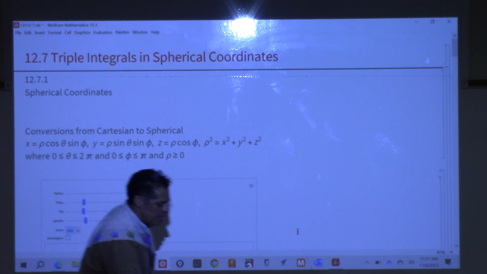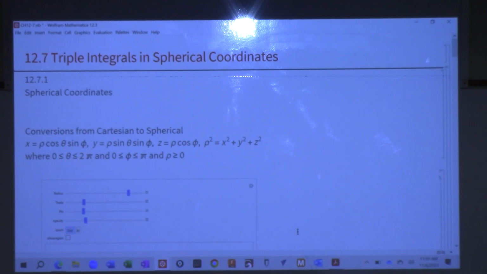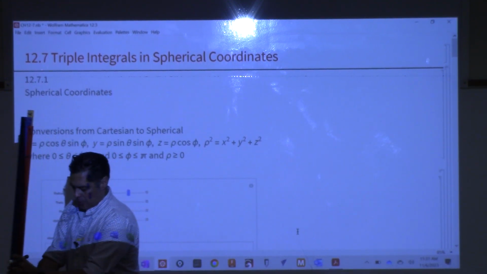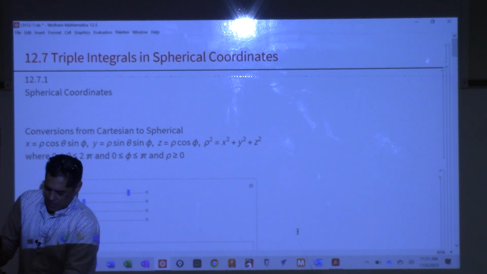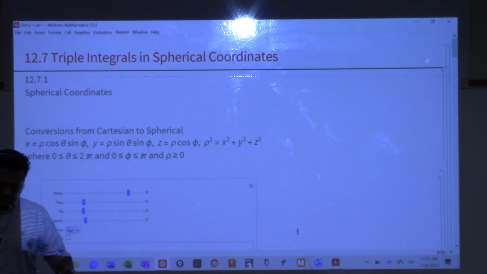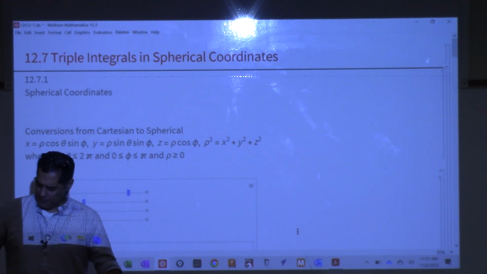So let me get my 3-dimensional space here. Spherical's important, mostly, because we live on a frickin' sphere. Roughly, a sphere. Here we are.